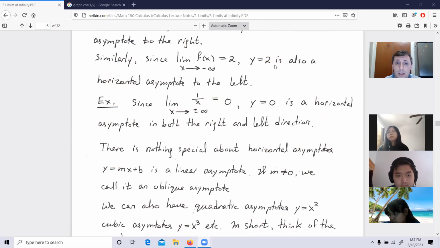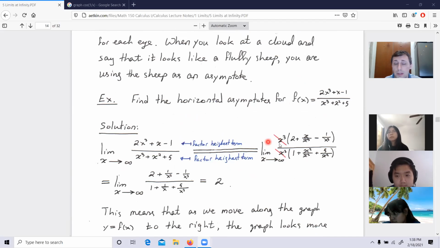Yes, Giovanni. Factoring of the highest term is just because I want everything to be divided by the highest term, which will crush everything to 0. You see, I factor out x cubed. Do you see that x cubed times 2 is 2x cubed? Now what do I need here? I need to take x divided by x cubed. Do you see that? Because if I multiply the x cubed by this fraction, I will get x again.